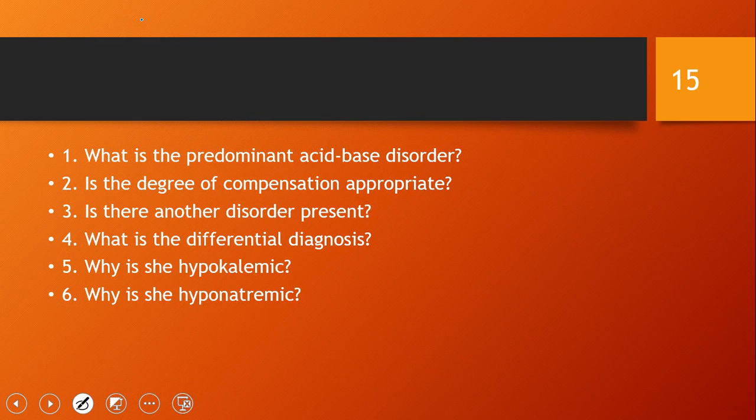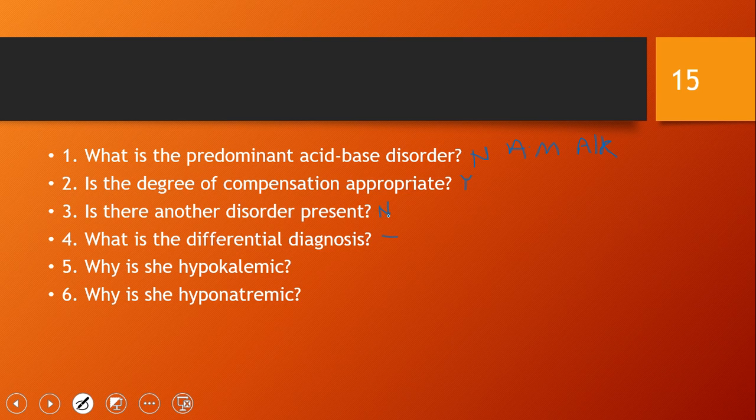I'm going to get to the differential diagnosis here in a second. So is the degree of compensation adequate? Yes, it was. Is there another disorder present? Not that I could tell.